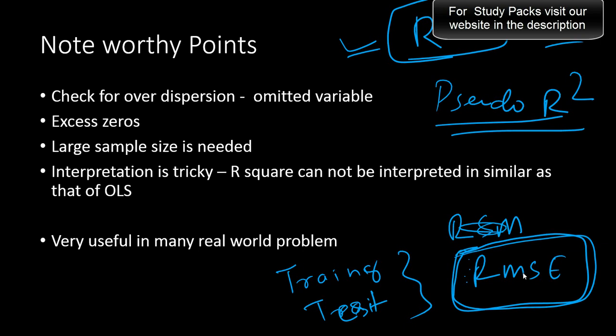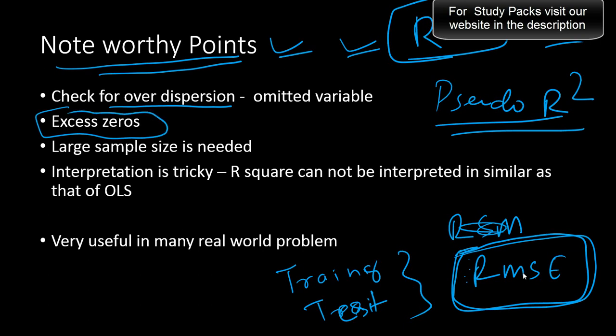Okay, some few important points to be remembered while building a Poisson regression model. You should always check for over dispersion. Over dispersion is basically related to cases where you have excess zeros, right? Because most of the students in a data sample haven't won any awards, so there will be a lot of zeros there.